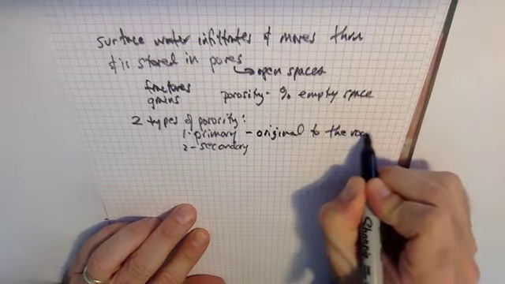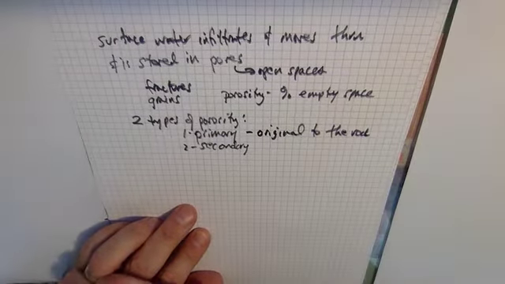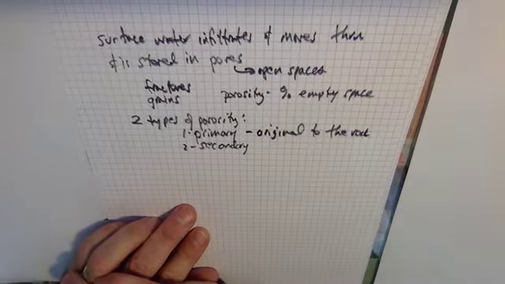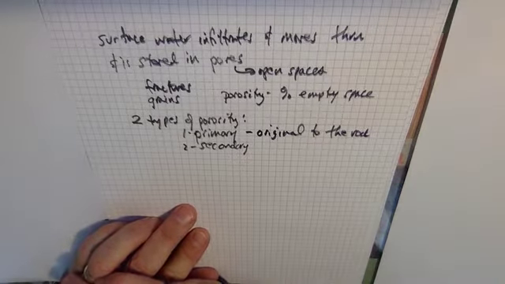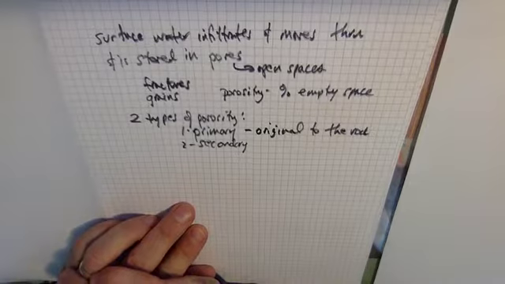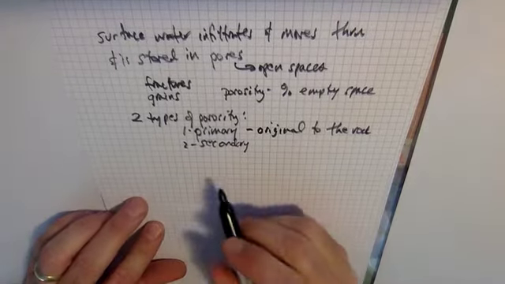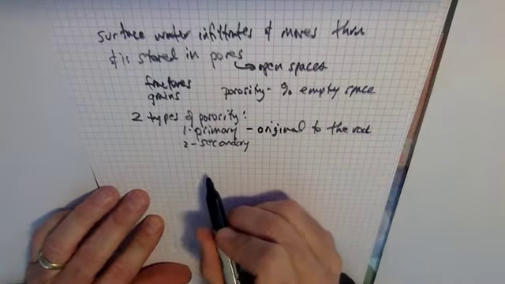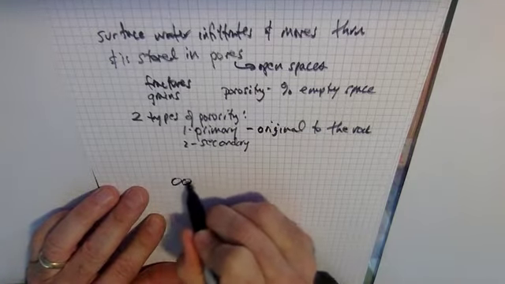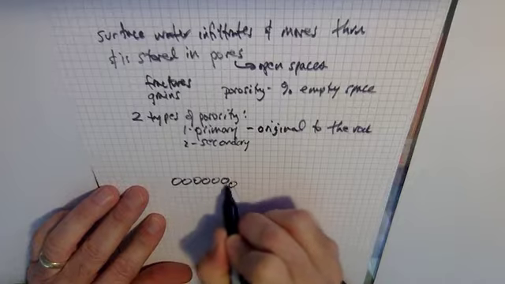There are some odd examples here, like the little bubbles that form in lava as it's flowing across the land surface. That's primary porosity. But most of the time what we think of are the sediments that make up, say, a sandstone or a limestone.